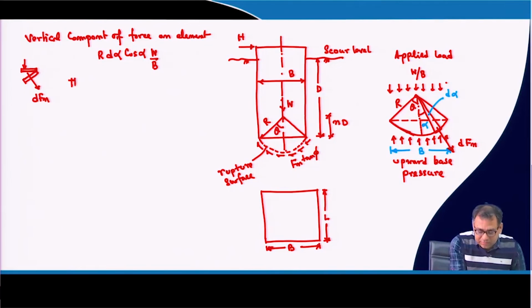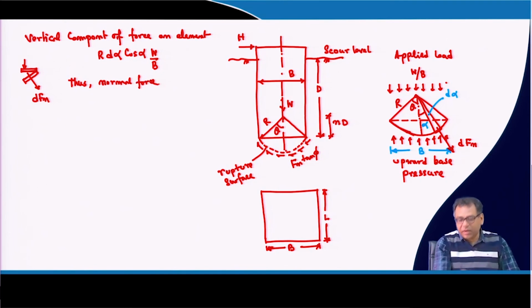Why have you taken the vertical component? Because your W by B is acting in the vertical direction, but the element that you have taken is not horizontal or vertical, it is at a certain angle. So, that is why we take the horizontal component of that element, on which this vertical force will act.